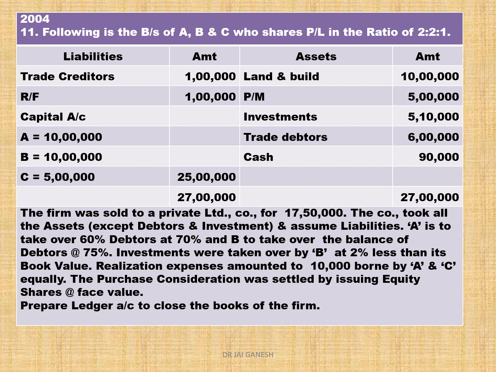The investments were taken over by B at 2% less than its book value. Realization expenses amounted to Rs 10,000 borne by A and C equally. The purchase consideration was settled by issue of equity shares at face value. Prepare ledger accounts in the books of the firm.